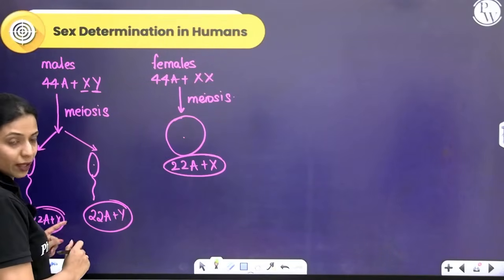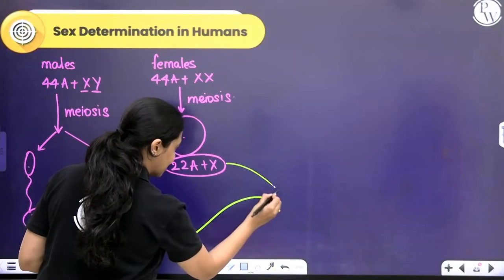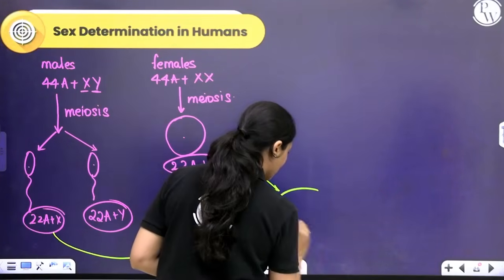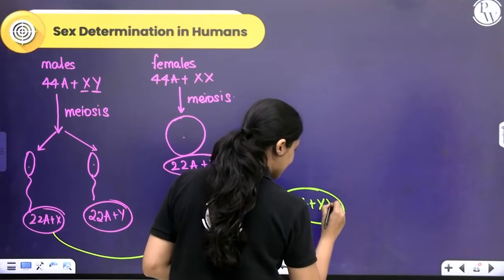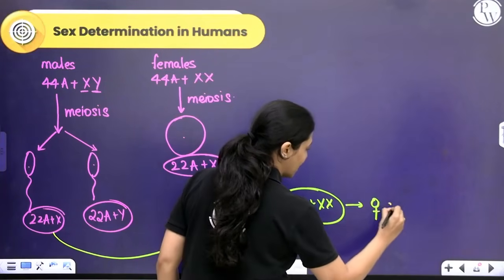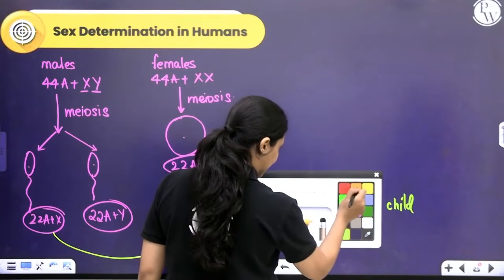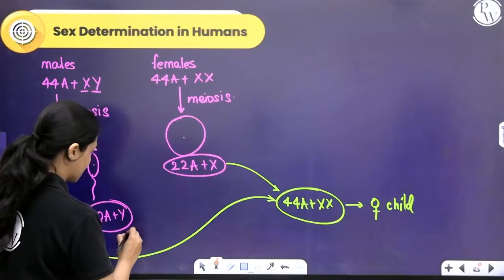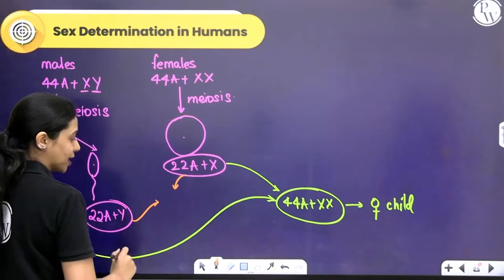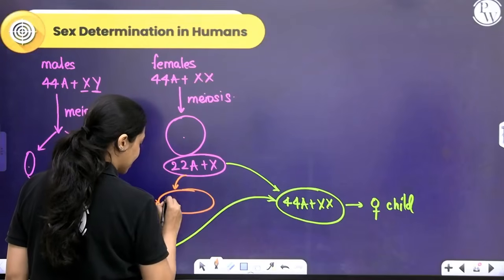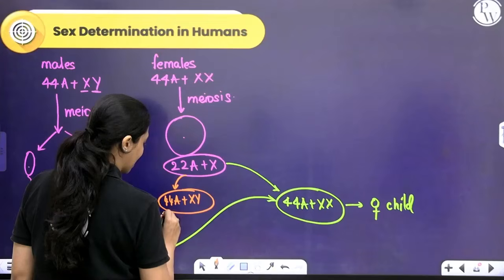When the sperm containing X chromosome fuses with the egg containing X chromosome, you get 44 autosomes with XX, and this will become a female child. And if the sperm containing Y chromosome fuses with the egg containing X chromosome, it will result in 44 autosomes plus XY, which will become a male child.